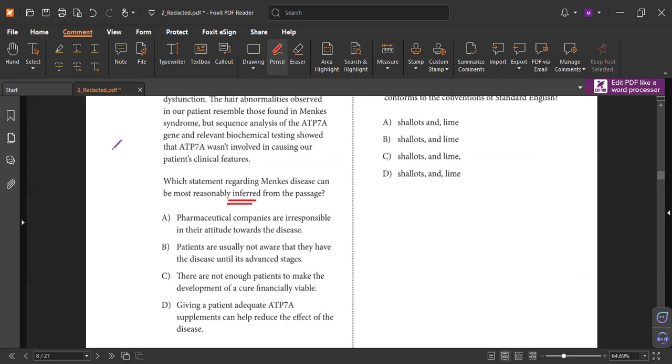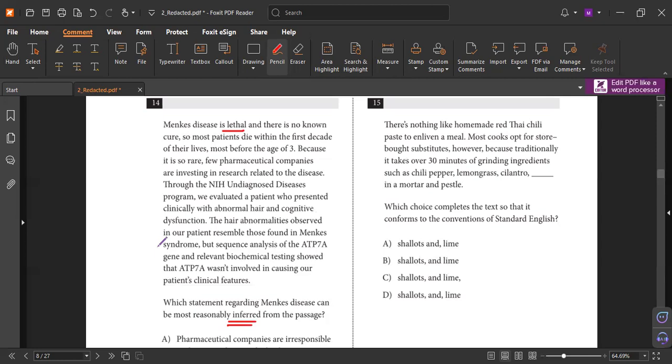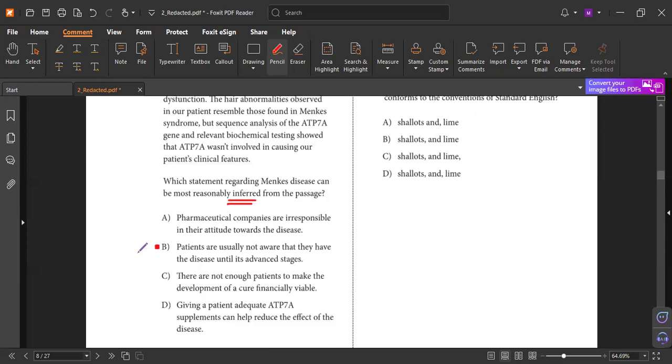B. So do you believe it's B? Do we have any reason? Because I don't think so. Remember, the text does not mention the stages.